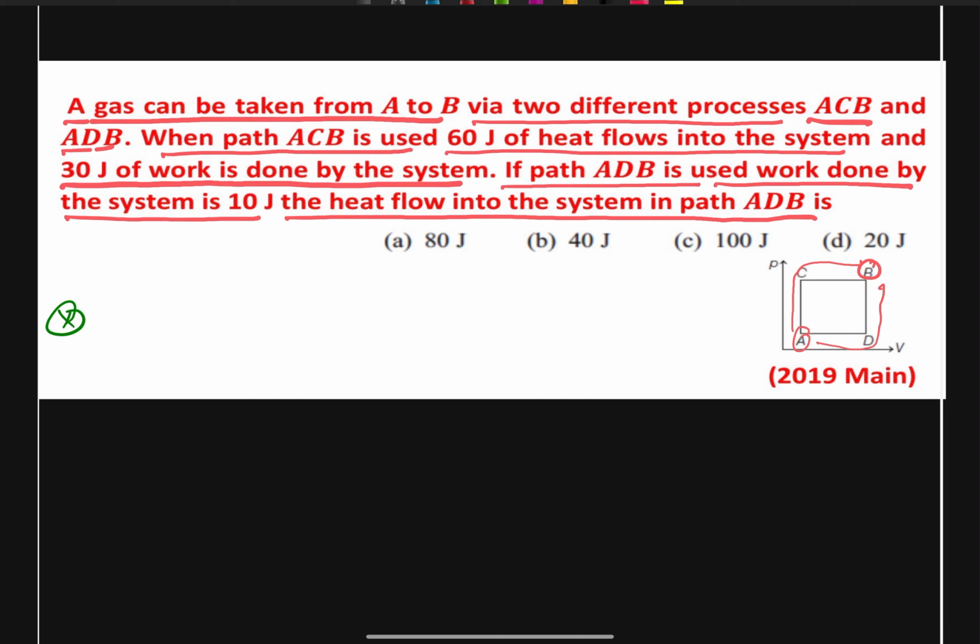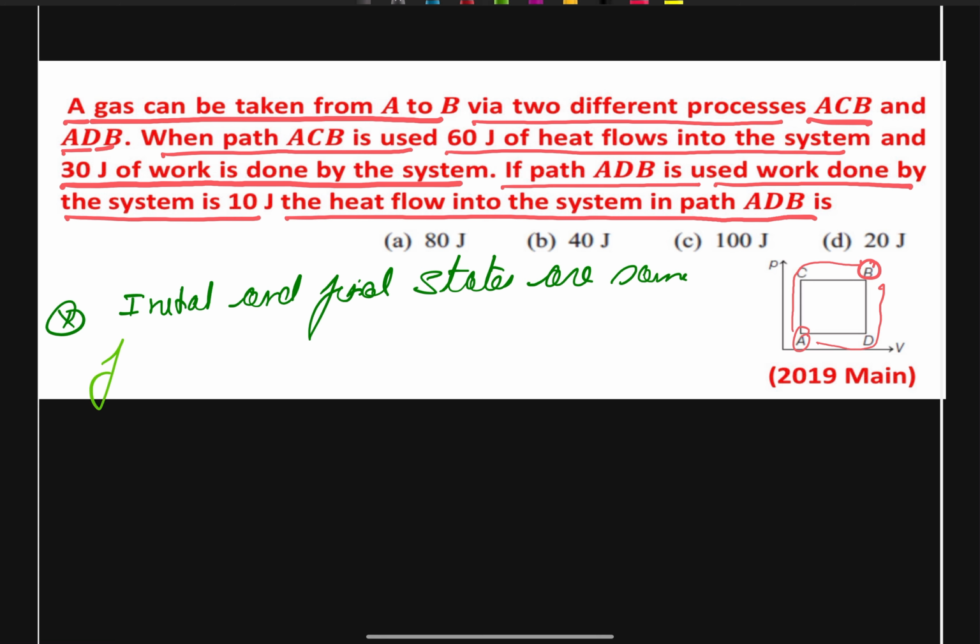So we can say that the initial and final states are the same for ADB and ACB.